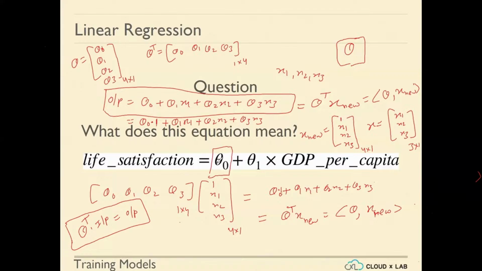Suppose in our model we don't have bias term theta 0, then we will not add this value 1. Why are we adding this value 1? To accommodate this bias term. So any doubt here?